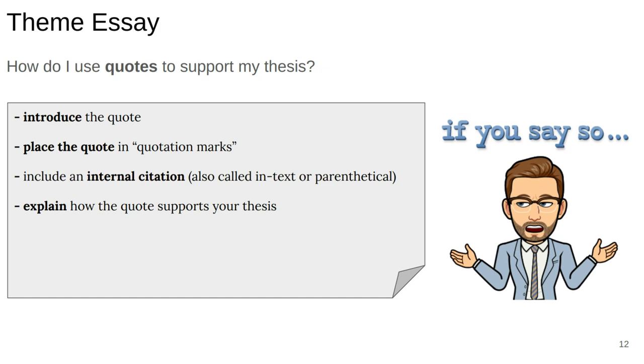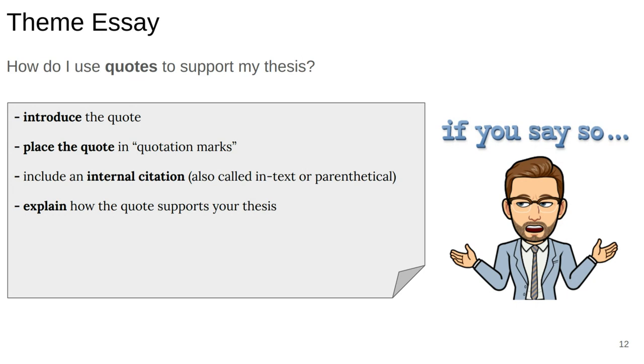So every quote, you introduce it, you put in quotation marks, you include an internal citation, and then you explain how the quote supports your thesis. Guys, it is a bad idea to use a quote and then not explain why that helps prove your point. If you just drop a quote in there and leave it floating around, you're doing yourself a disservice because your reader may not make the same conclusion that you made.